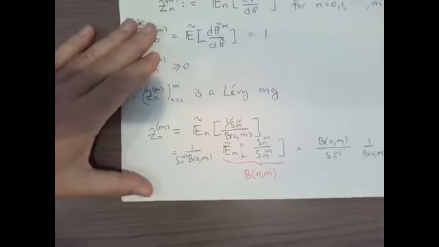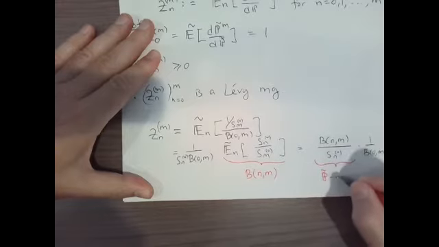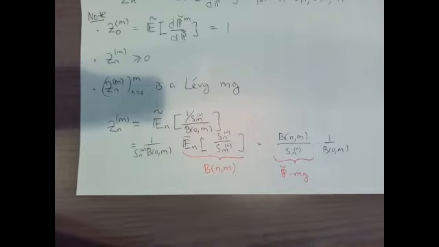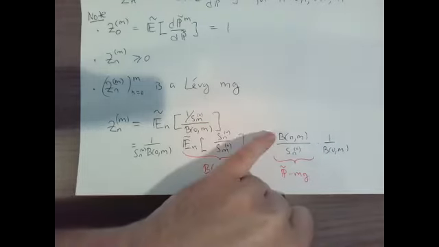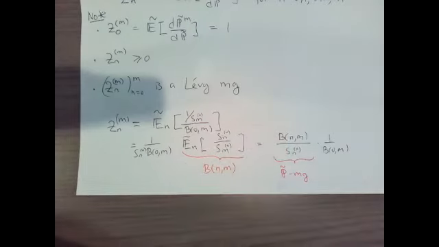But this quantity here is exactly a P tilde martingale, because it's the price process of a traded security divided by the money market account. This is going to give me a P tilde martingale.